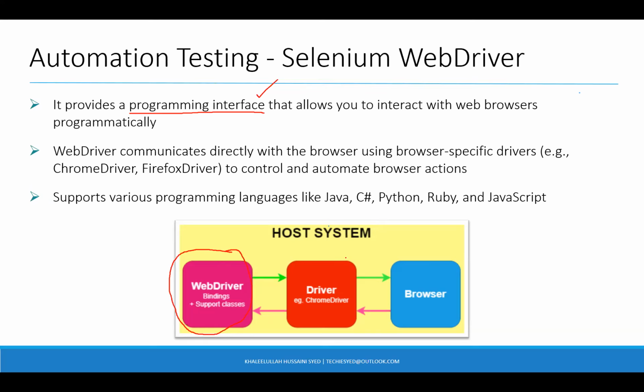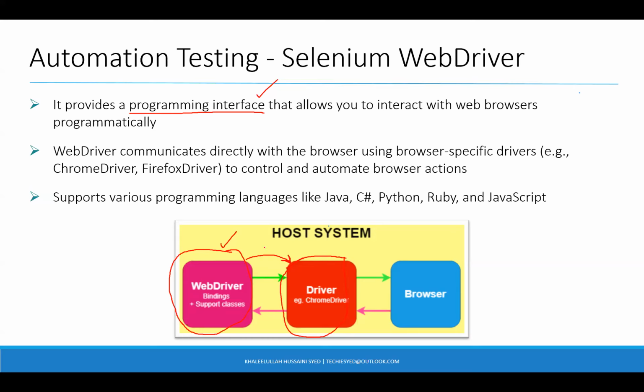Then Selenium WebDriver is going to forward those to your browser drivers. Each browser has a different driver. Like there is a Chrome driver for Chrome as the browser. There is also a Gecko driver for Firefox and so on. So the Selenium driver that I'm going to use is going to interact with my browser's driver for performing various operations.